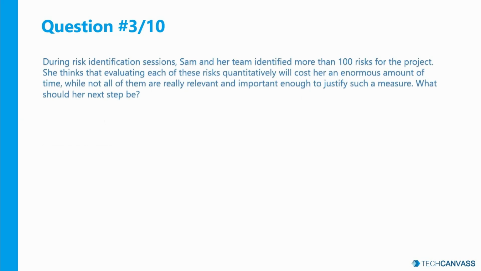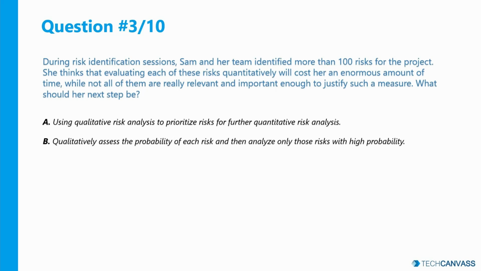Third question: during risk identification sessions, Sam and her team identified more than 100 risks for the project. She thinks that evaluating each of these risks quantitatively will cost her an enormous amount of time. Well, not all of them are relevant and important enough to justify such a measure. What should her next step be? Option A: using qualitative risk analysis to prioritize risks for further quantitative risk analysis.